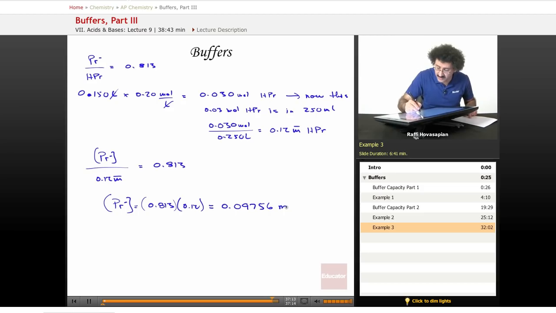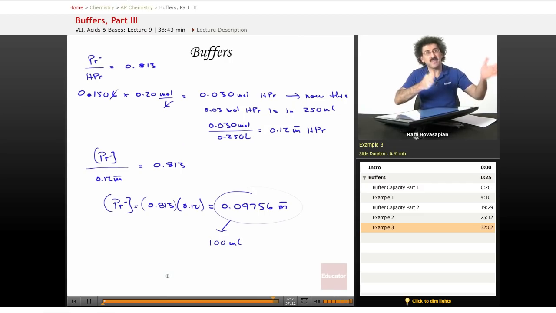I'm not worried about significant figures here. And I also know that I'm going to have 100 milliliters of this, because I had 150 mils of the propanoic acid solution and I want a total volume of 250.